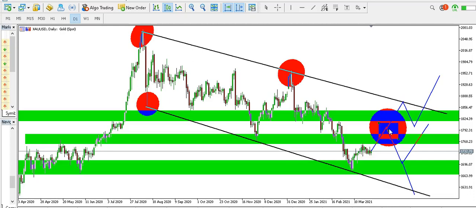But if it fails, then price may test this strong zone, and then most likely go up. But let's keep our fingers crossed and see how it will pan out. So that's my analysis for gold for this week.